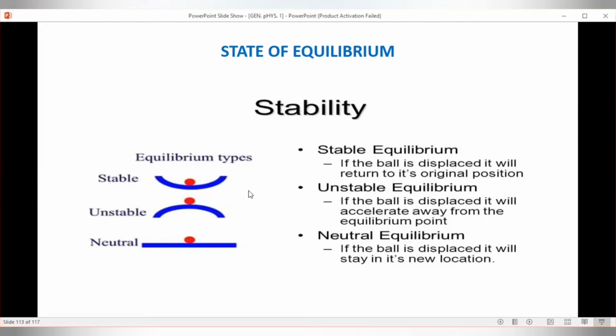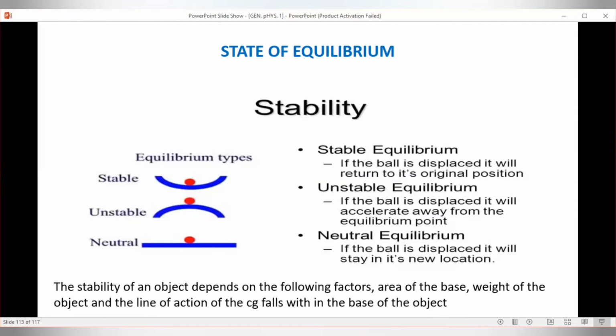However, when we say neutral equilibrium, it occurs when the center of gravity is neither lowered nor raised when the object is slightly disturbed. For instance, if the ball is displaced, like what is illustrated here, it will stay in its new location. Okay?